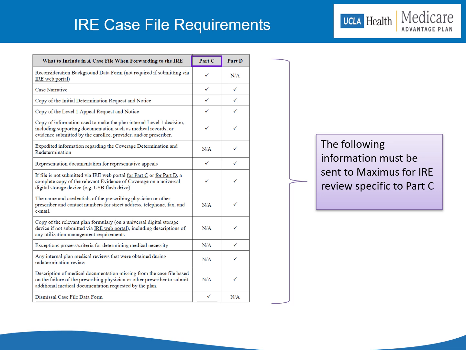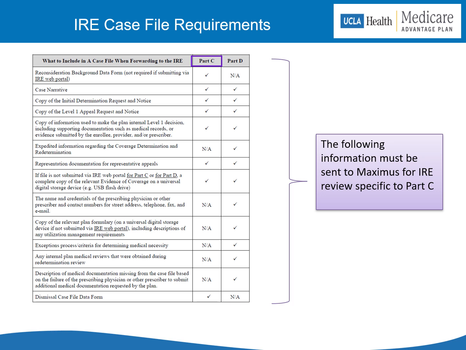Here is our IRE case file requirement form. This is straight from the Medicare manual, Part C. You also see Part D in comparison, and every single checked box mark is what we're required to send when we send our case file. In addition to sending a cover sheet, which is a case narrative, we have to send all the information of the appeal, of that initial determination for that appealed case, the initial denial reason, the initial denial letters.